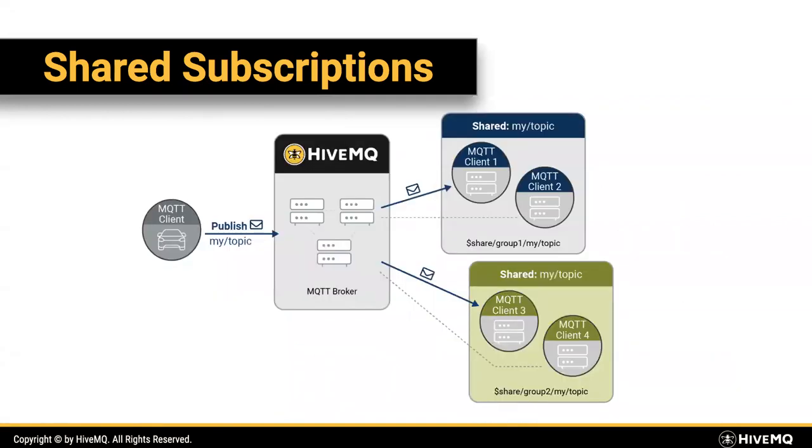So imagine the following use case. Let's also do a car example. Let's say you have hundreds of thousands of cars, and each of these cars sends a GPS update of where the car is located.